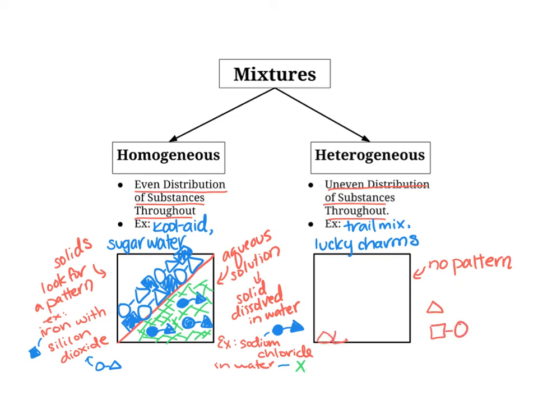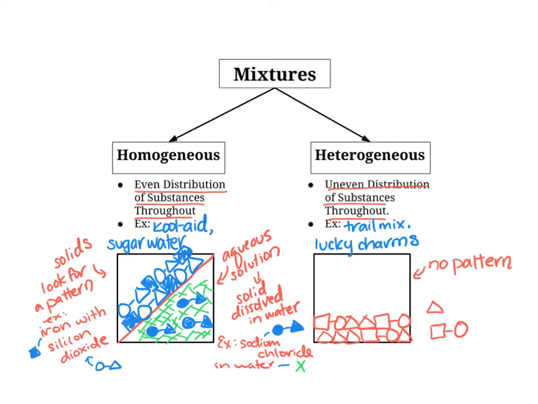So I might have like 3 triangles over here, and then we might finally have a square bonded to a circle. There might be another triangle over there, but maybe then it's another square bonded to a circle with a triangle here, another triangle.